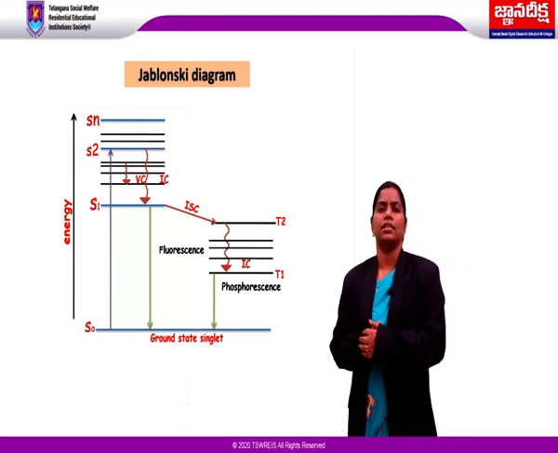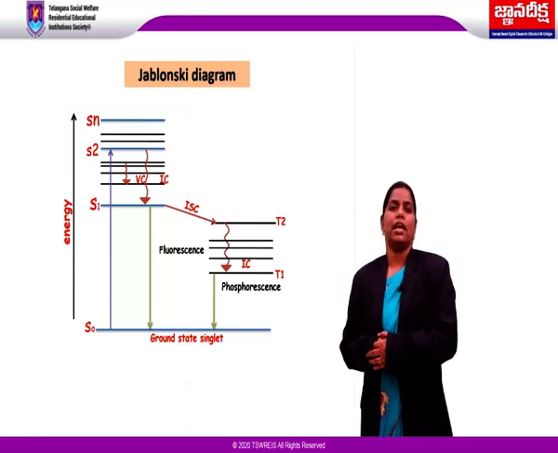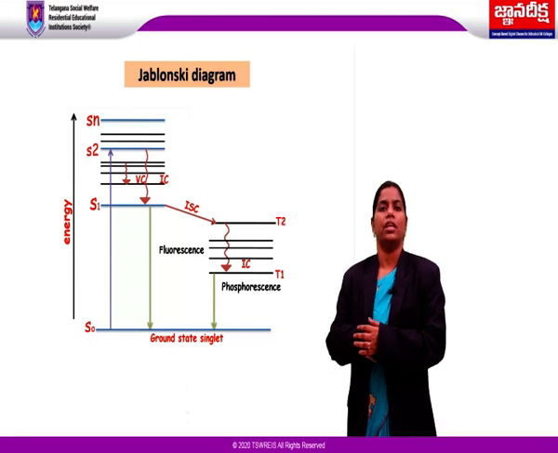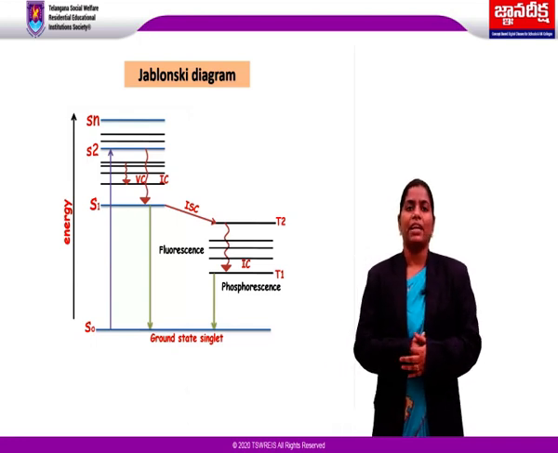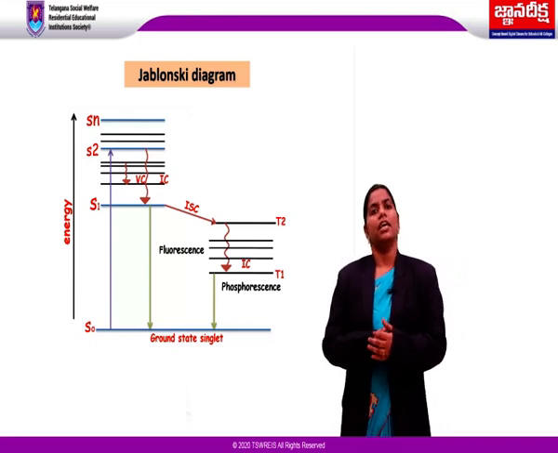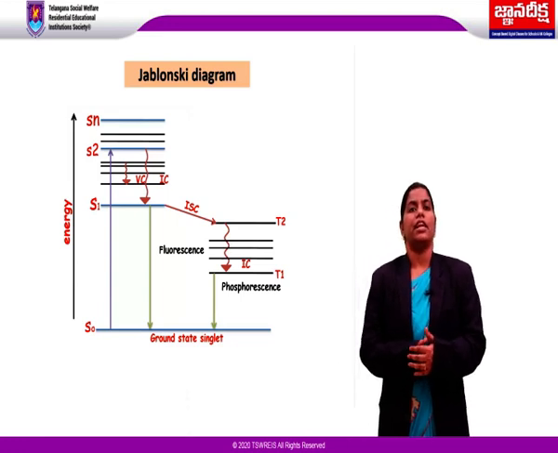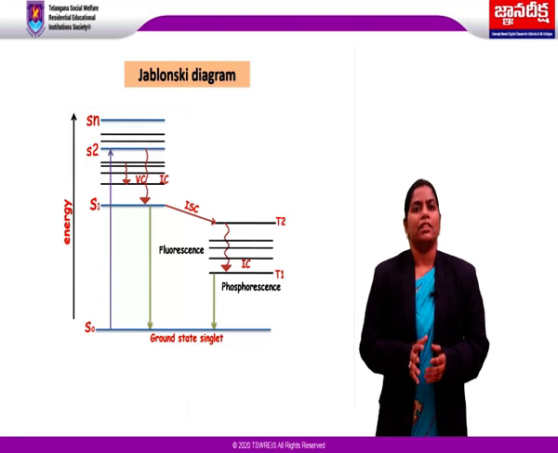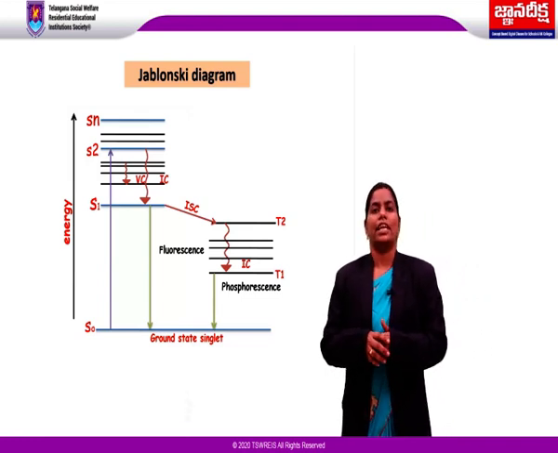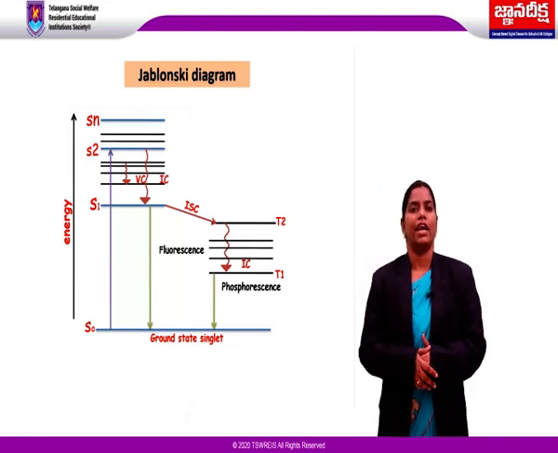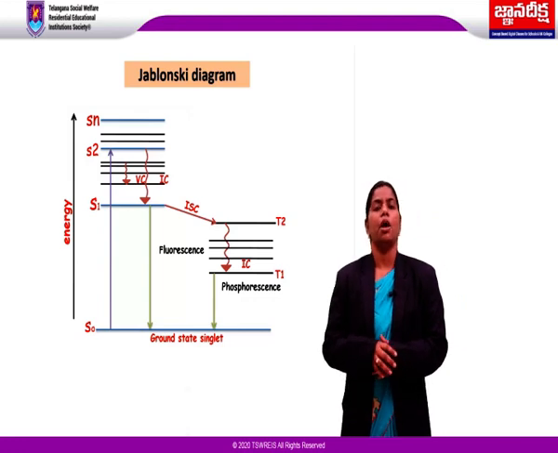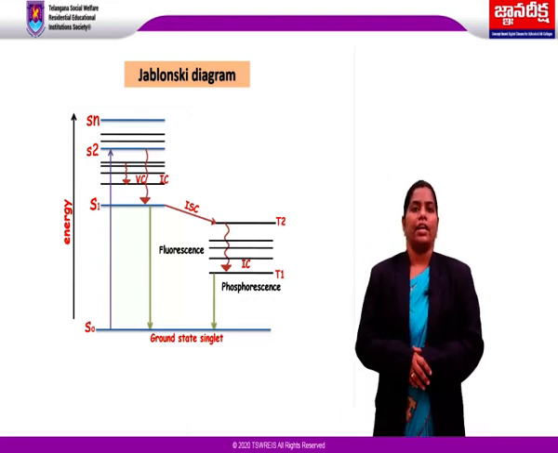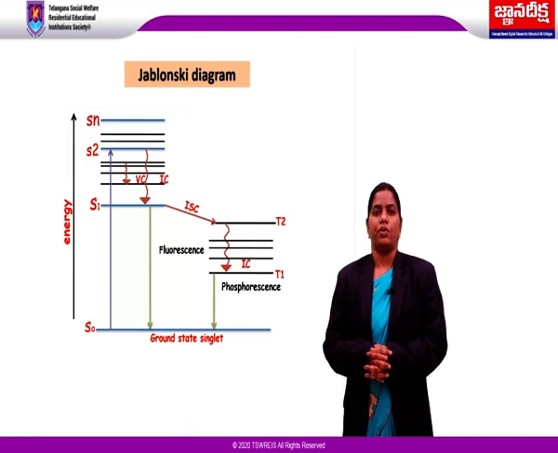Here you can also see there are triplet states corresponding to S1 and S2, T1 and T2. In between these electronic energy levels, there are different vibrational energy levels present. Now in the first step, what happens? The molecule transitions to a higher singlet state from the ground state singlet state by irradiation with light. This step is called activation.